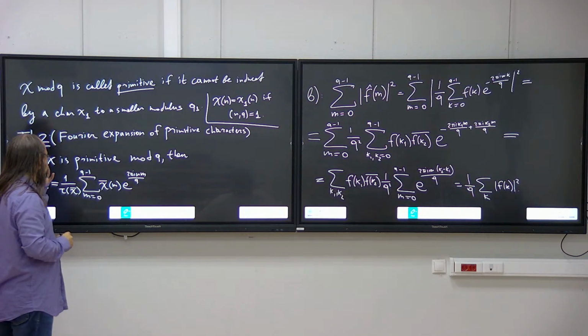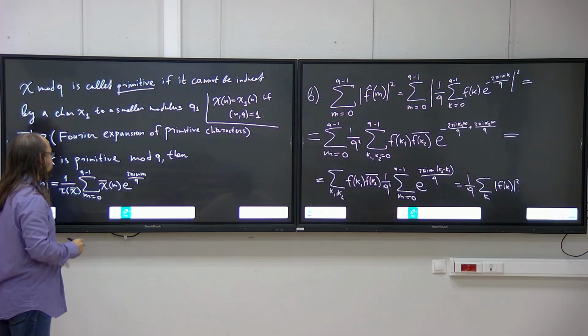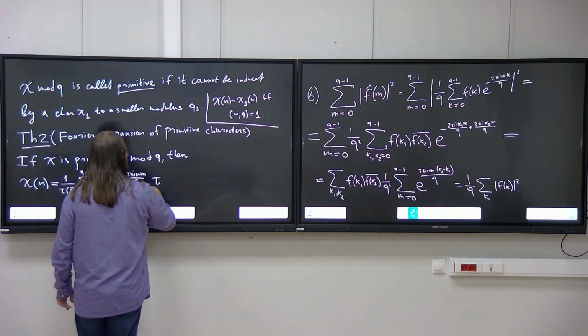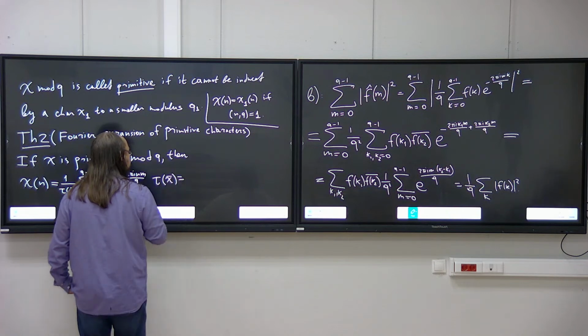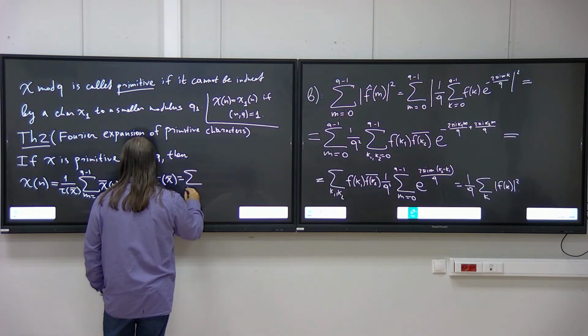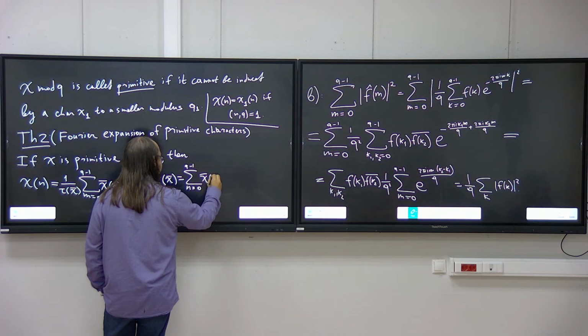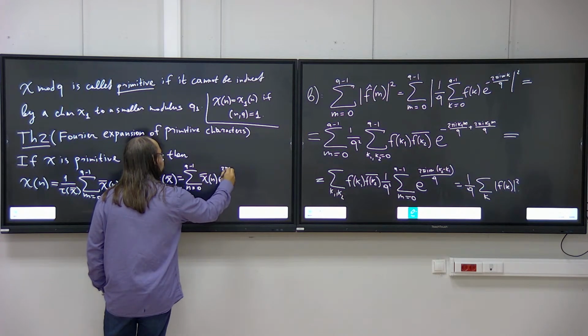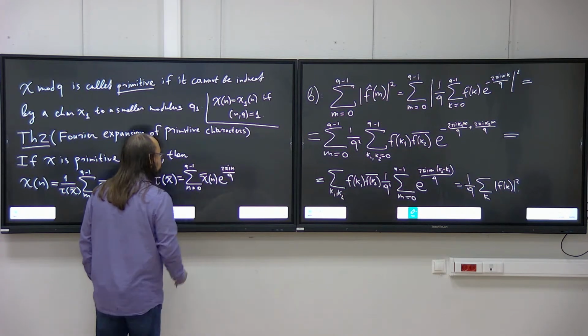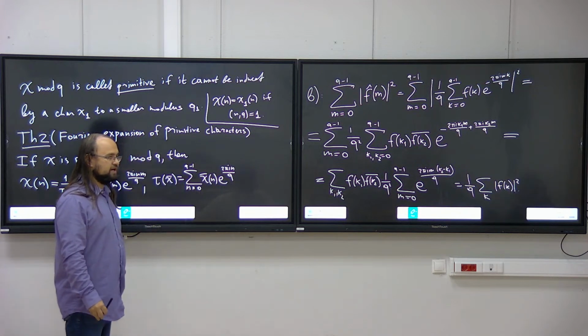So now I need to explain what is tau. Tau of chi bar is equal to the sum over all n from 0 to q minus 1, chi bar of n multiplied by e to the power 2 pi i n over q. This is called the Gauss sum.